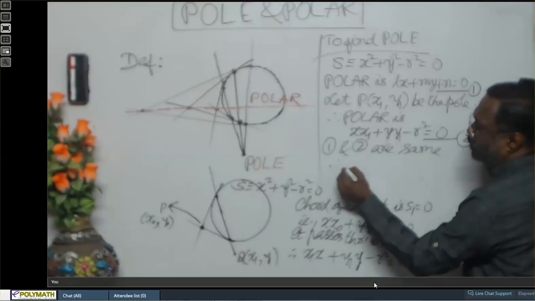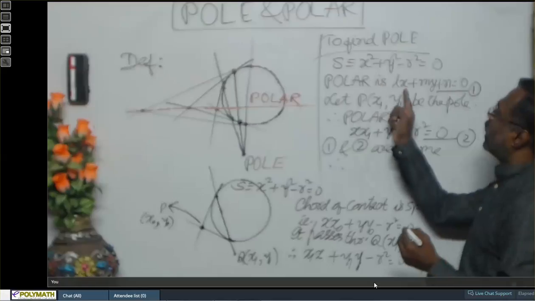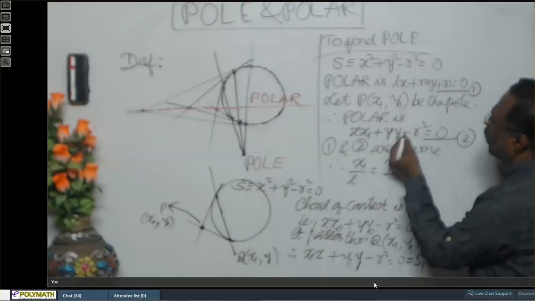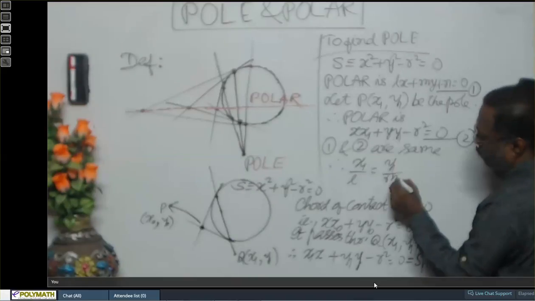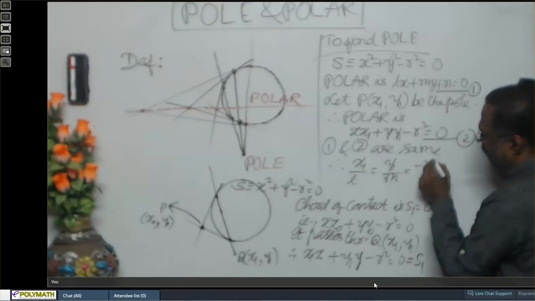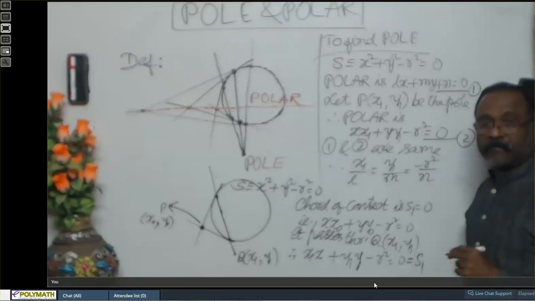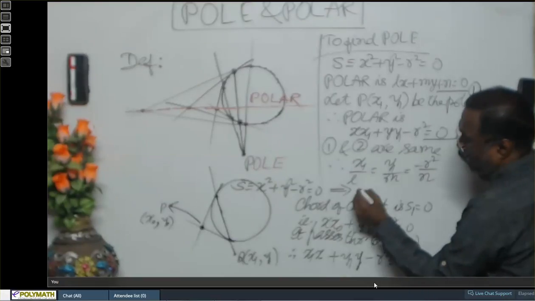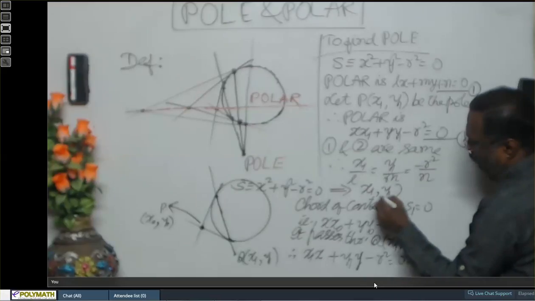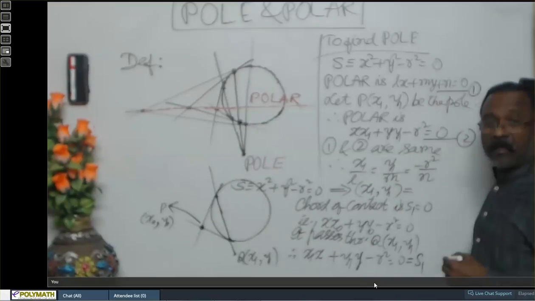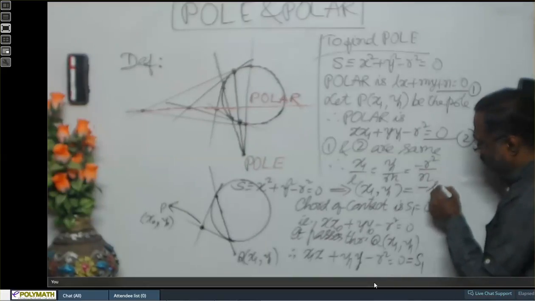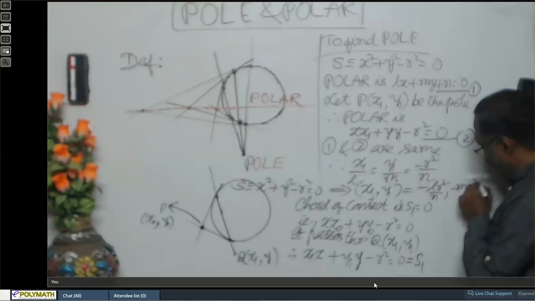Compare these two. x1 by L is equal to y1 by m is equal to minus r square by n. Now, what do you get from this? The pole x1, y1 is, on cross multiplying, minus L r square by n, comma, minus m r square by n.